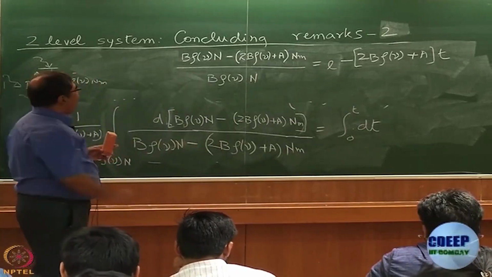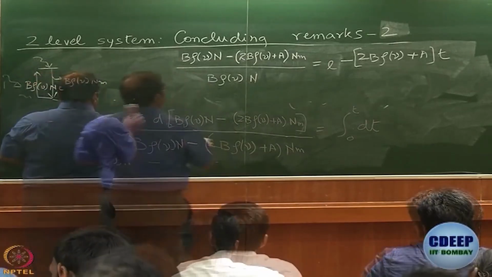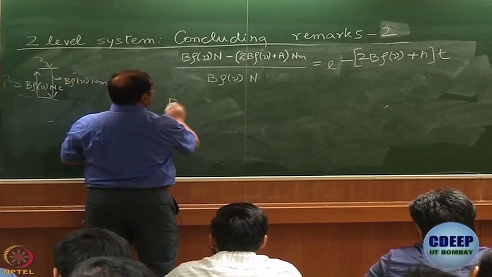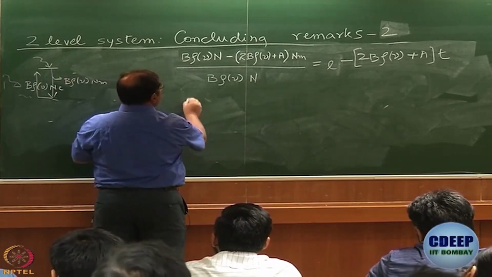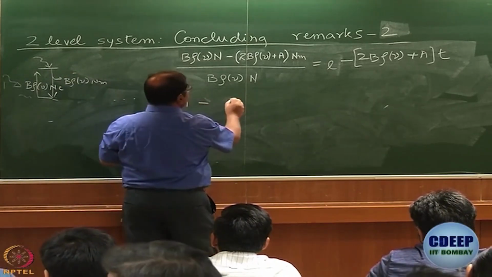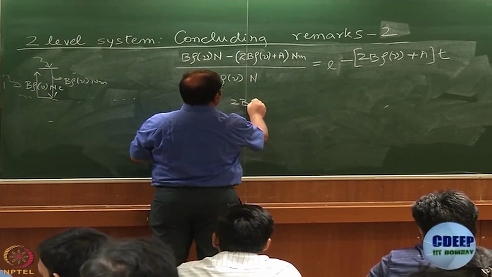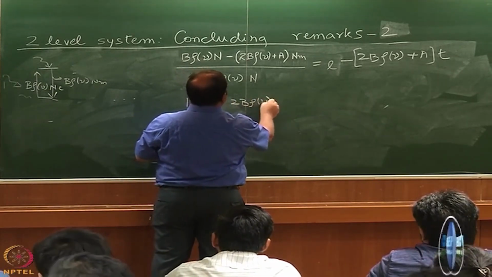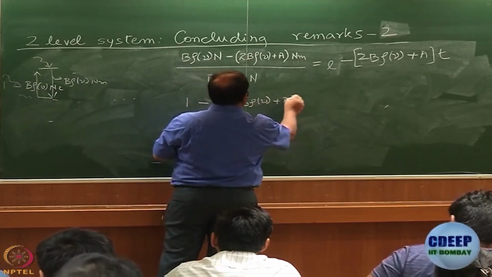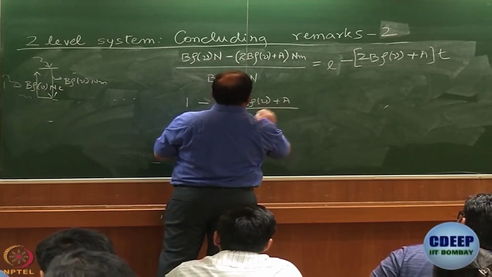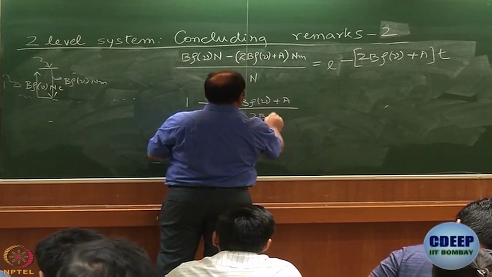Okay. Now what do I get? I get, maybe I'll write like this, 1 minus (2b rho nu plus A) divided by 2b rho nu.